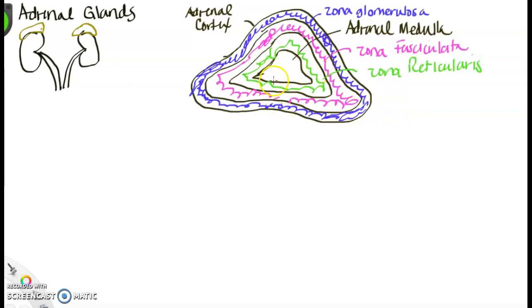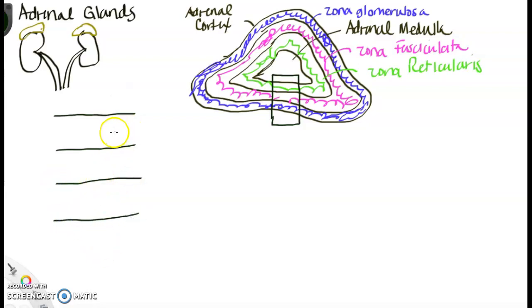So if we look closer to the layers here, we're going to make a close-up of these layers. And that's over here. So we've got the first layer, second layer, 1, 2, 3, 4 here. Okay.